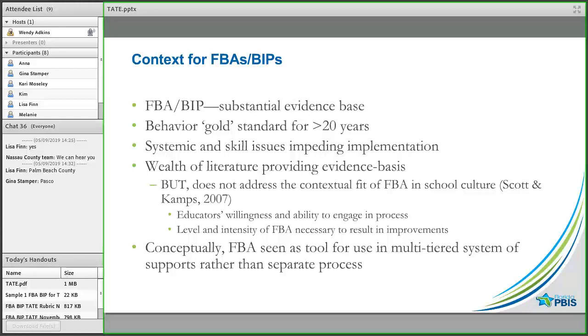What we do also know is that it is not being implemented in the way it was intended to be in schools. And a lot of that is because there's either systems issues that are presenting it and or skill issues.